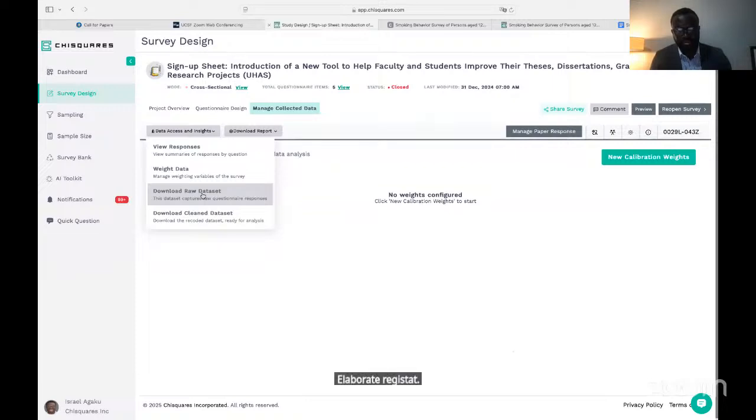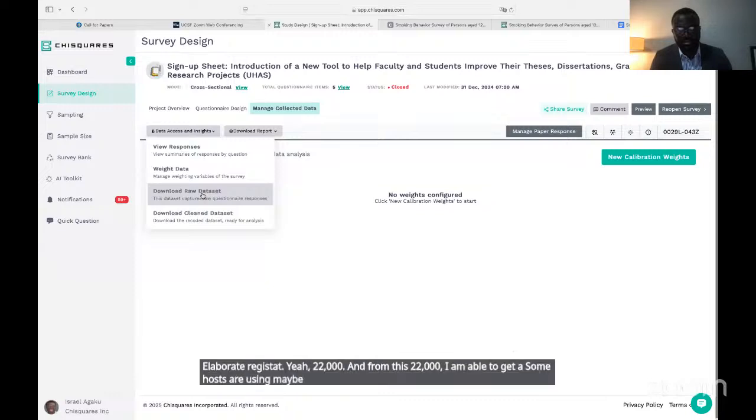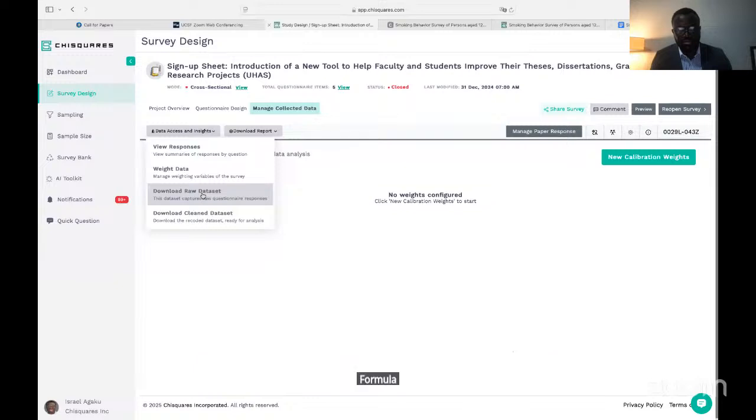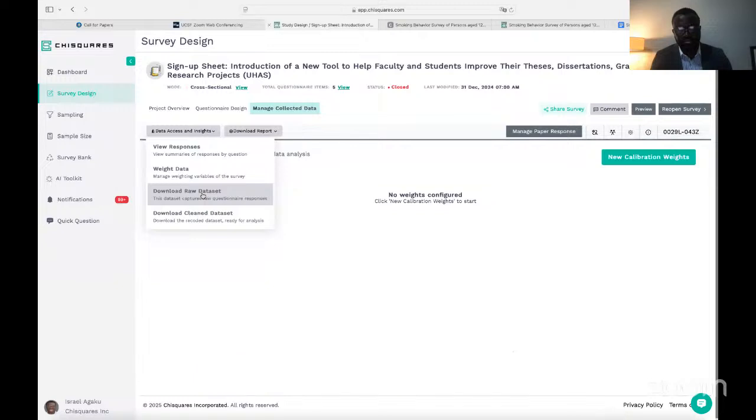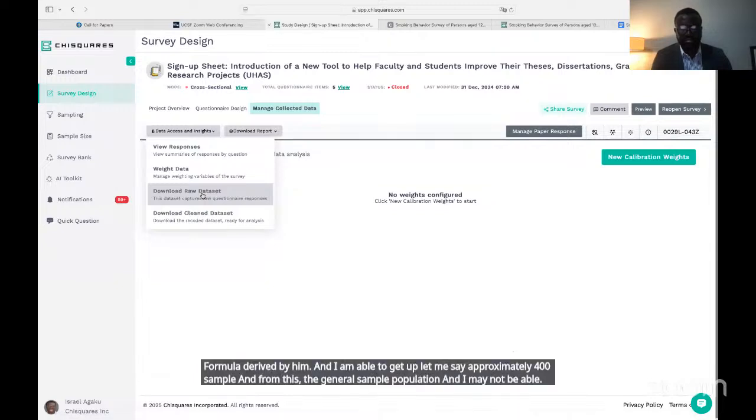And from this 22,000, I am able to get samples using maybe Taro Yamane's 1967 formula derived by him. And I am able to get approximately 400 sample. And from this general sample population, maybe I feel to select, let me say 9 local governments from the 16 to distribute this questionnaire.